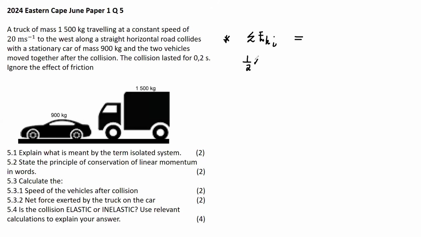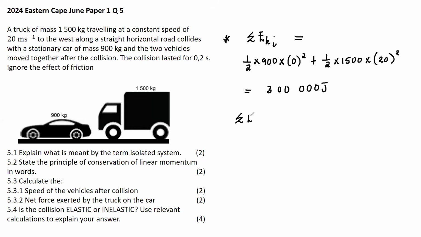So initially it's half the mass of the car multiplied by the initial velocity of the car squared, which is 0, plus half the mass of the truck multiplied by the initial velocity, which is a positive 20 squared as well. When you get your numbers, you should get something like 300,000 joules. So this is the kinetic energy initially.